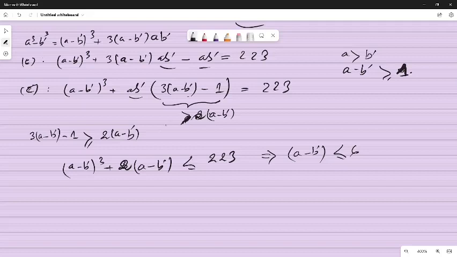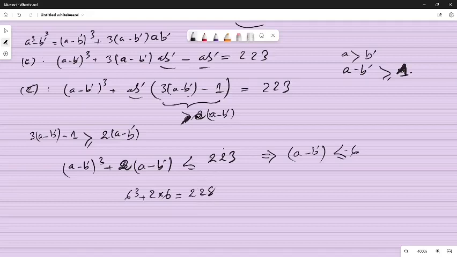Because 6 cubed plus 2 multiplied by 6, I'll use my calculator, please wait, equals 2028.